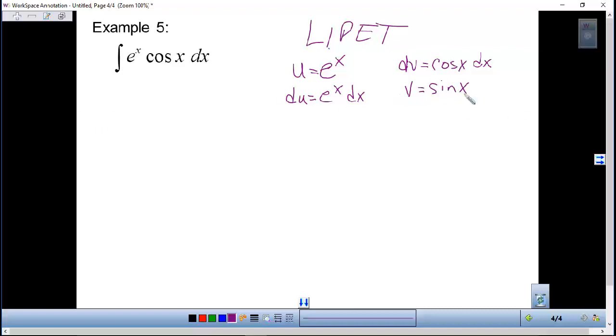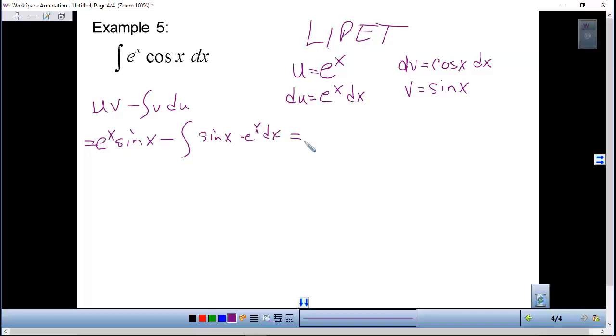So if I start writing this, I'm going to do u times v minus the integral of v du. So u times v is e to the x sine x minus the integral of sine x times e to the x dx.